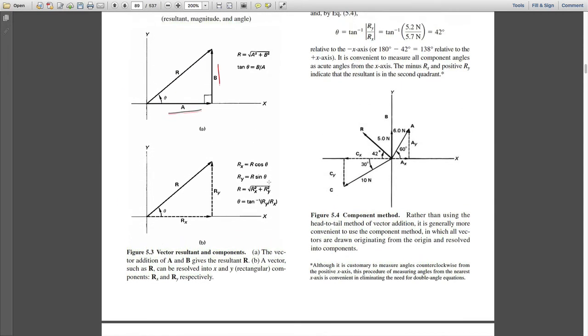But what if you have more than two vectors, and how do you find the resultant of those 3 or more vectors? Then definitely you will need to apply the component method, which is way easier and more direct than applying the Pythagorean or the cosine law every now and then.